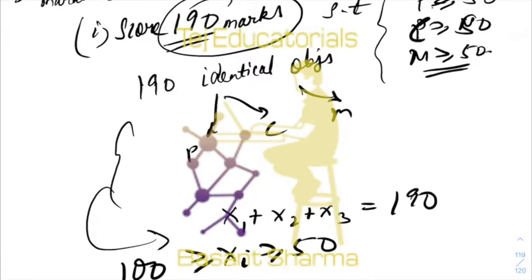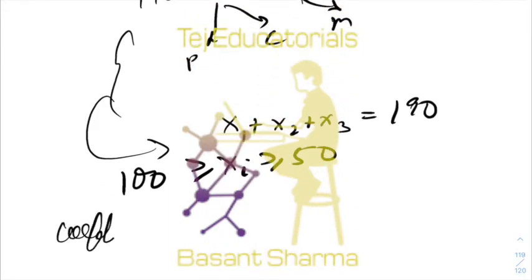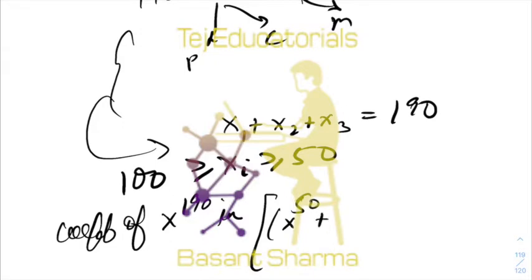And this we have already seen is nothing but the coefficient of x to the power 190 in (x to the power 50 plus and so on till x to the power 100), and since you have 3 people, that is PCM, it is cubed.